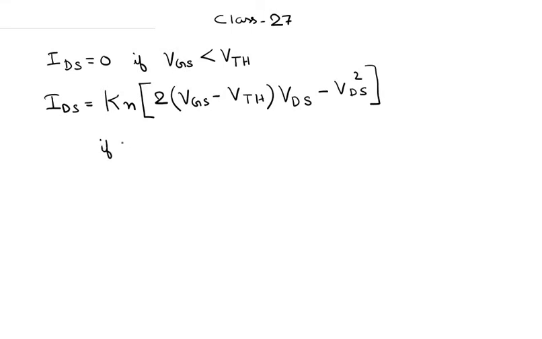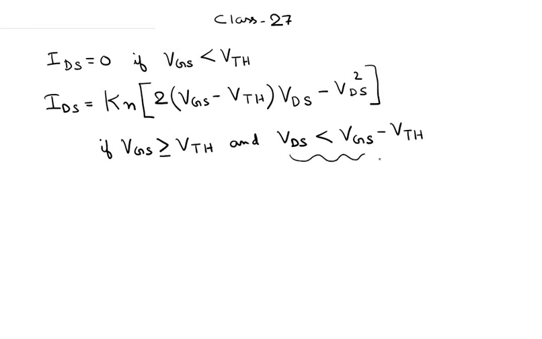So if VGS is greater than or equal to VTH, and VDS is less than VGS minus VTH. So this is the condition for the triode regime of the MOSFET.